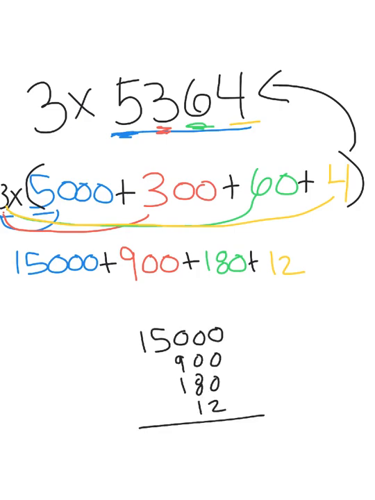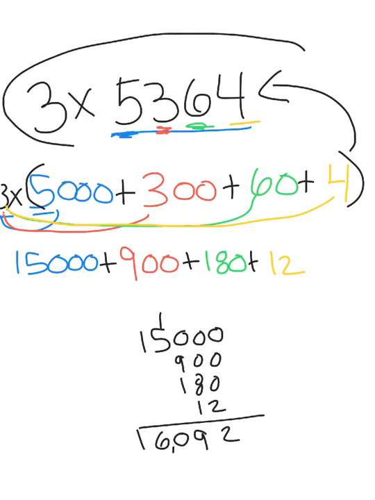In my ones place, I get a 2. In my tens place, I get a 9. In my hundreds place, I have 10, so you need to regroup. In my thousands place, I have a 6. And in my 10,000s place, I have a 1. So 3 times 5,364 is 16,092.